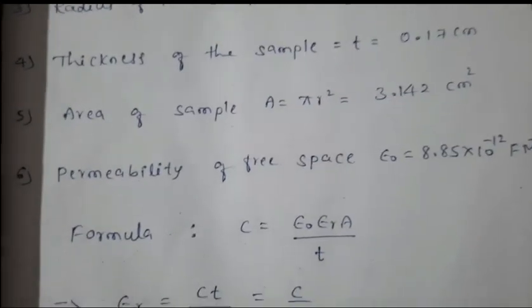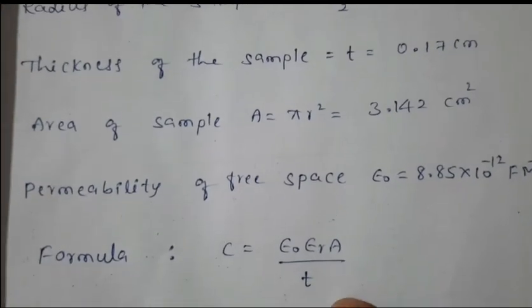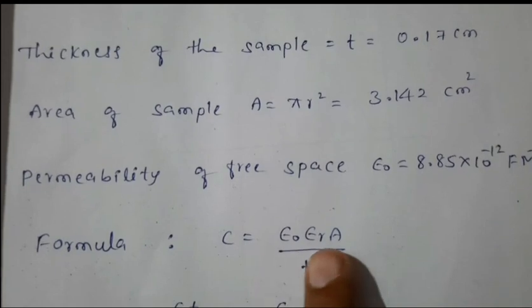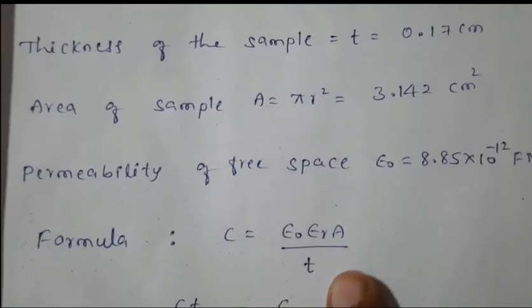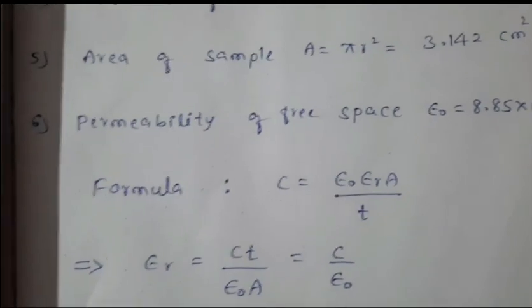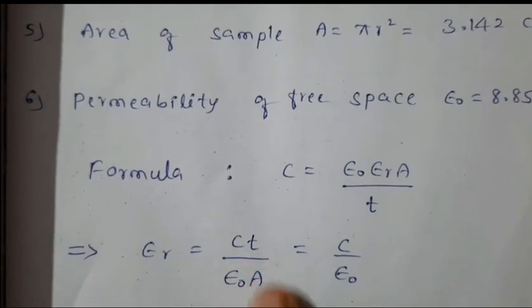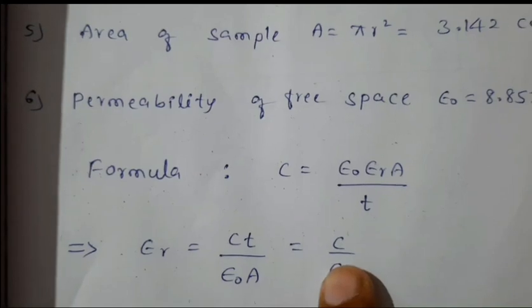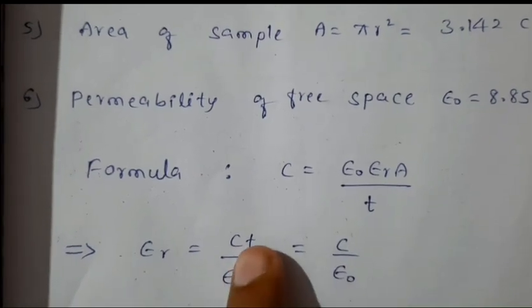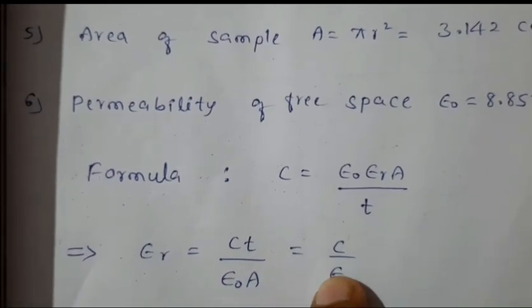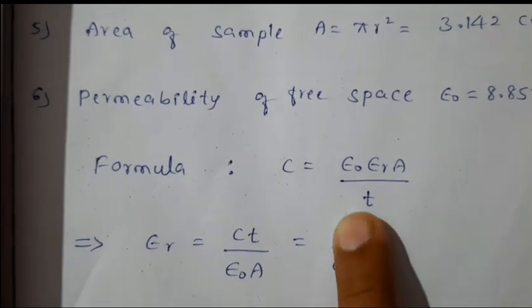you can write. And the formula to calculate the capacitance is epsilon naught epsilon r into area divided by thickness. So the relative permittivity is given by C t by epsilon naught A. Then we can take C divided by C naught. This is not epsilon naught, it is C naught. The C by C naught ratio gives epsilon r.